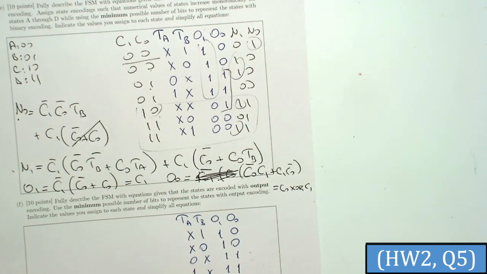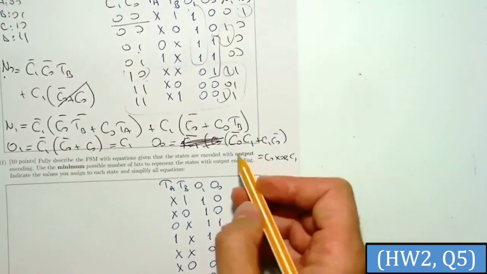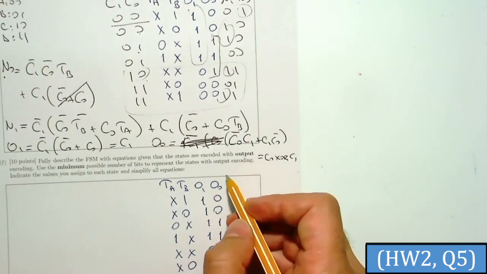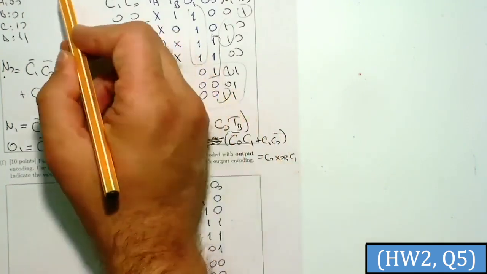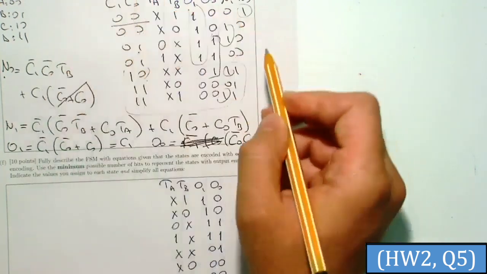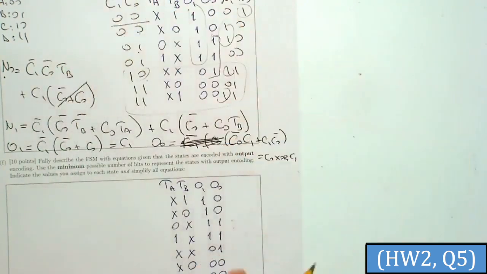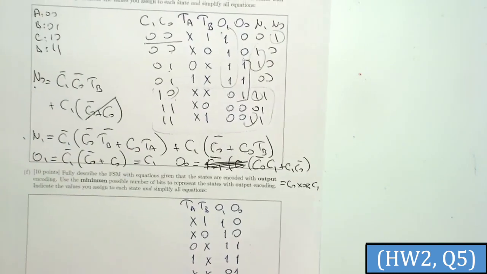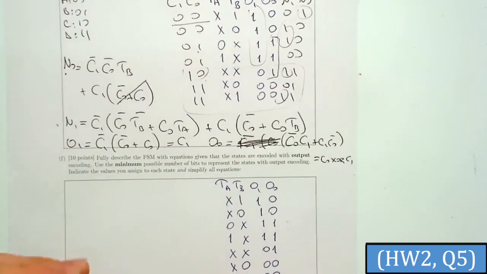But in this question, you can leave it as is, because it uses the minimum possible number of bits to represent the state. Yes, it's a really long exercise. But make sure that you also simplify it as much as possible.